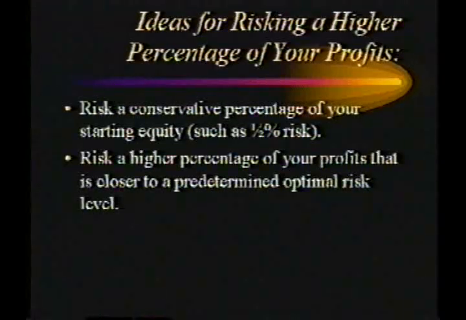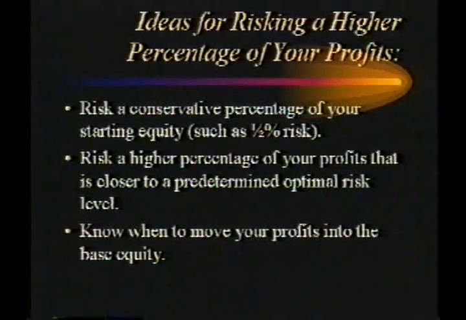So you might risk 0.5% of your starting capital on new positions, and then as your portfolio goes up and you have lots of profits, you might risk a much higher percentage of those profits. And then you also have to understand at some point in time, you then move your profits into the base equity, where your new positions then only risk that small percentage again.